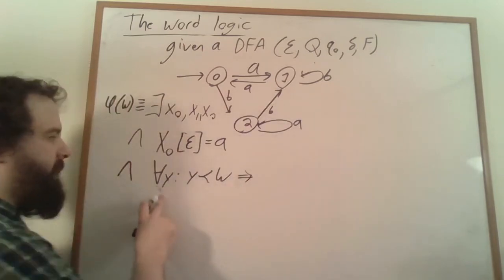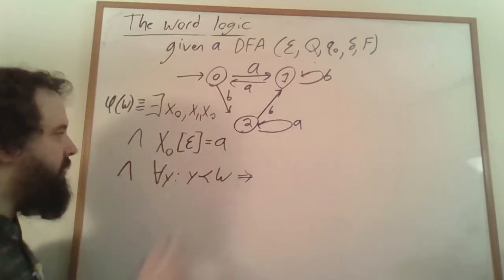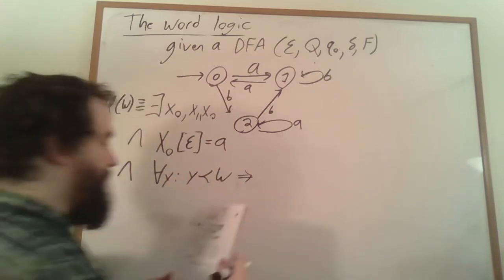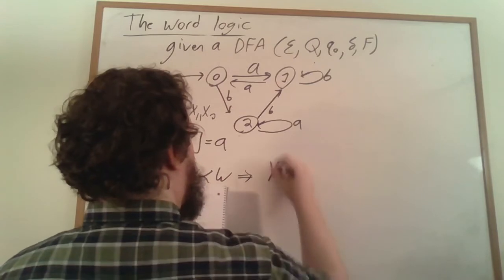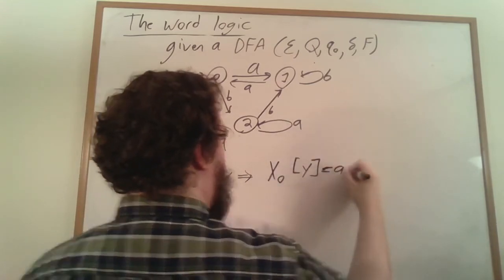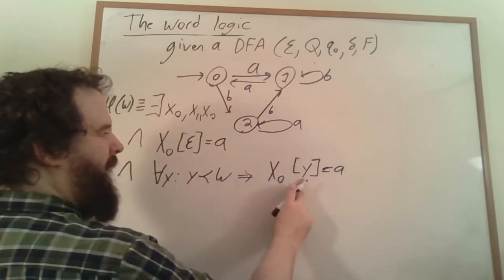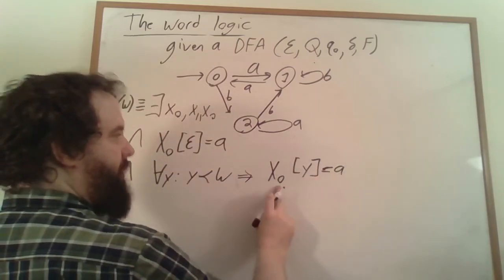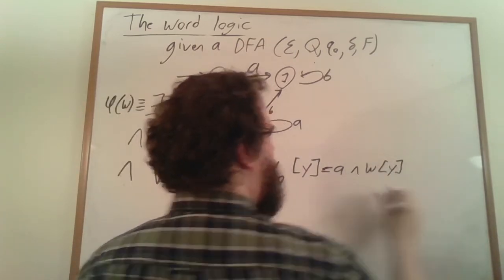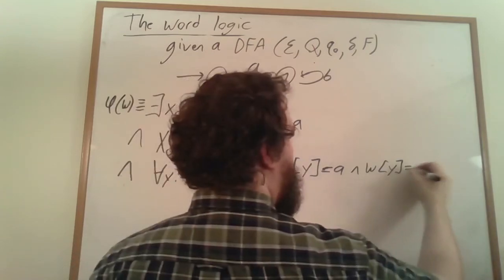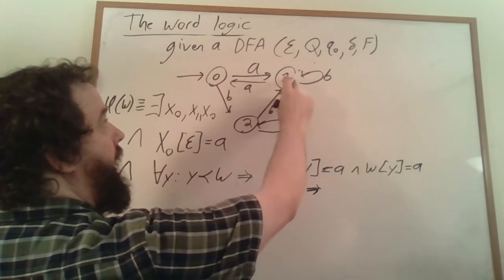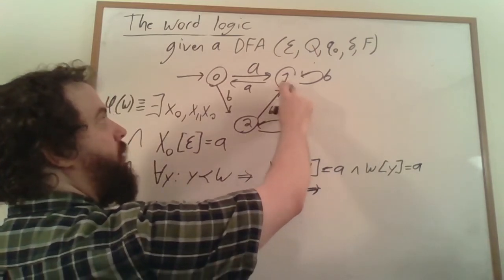So for any, again we want to think of y as a length, for any length that's before the end of w, it needs to be the case that if x0 of y is equal to a, so if at time y we're in state 0, and we read in the character a, then at time y plus 1 we're in state 1.